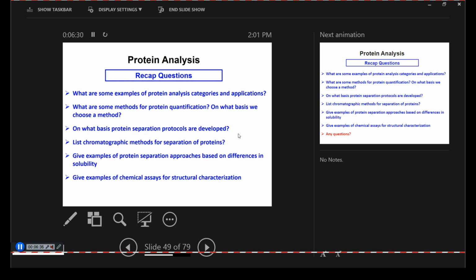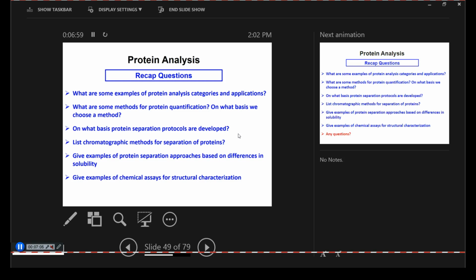Based on the biochemical properties of the proteins, so the differences in solubility, the differences in impact of pH and salt and solvent, what we know about the protein and what we know about its structure, its net charge, its percentage of hydrophobicity, then we choose the methods accordingly.